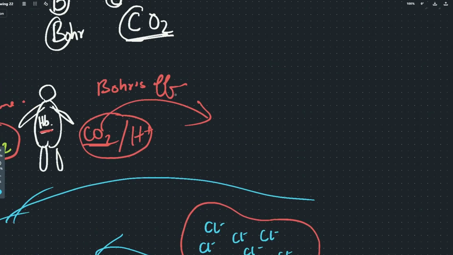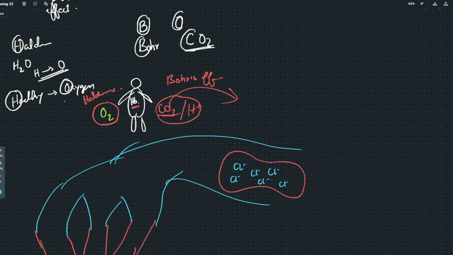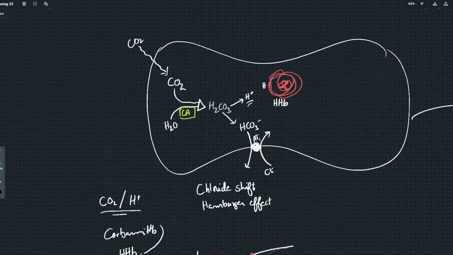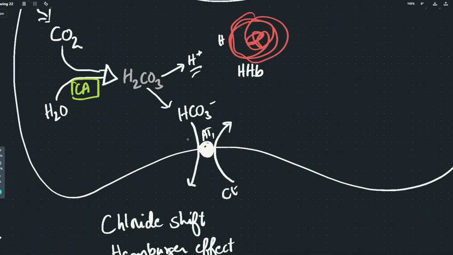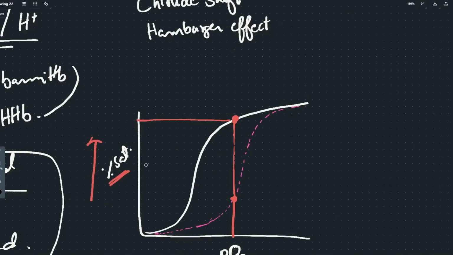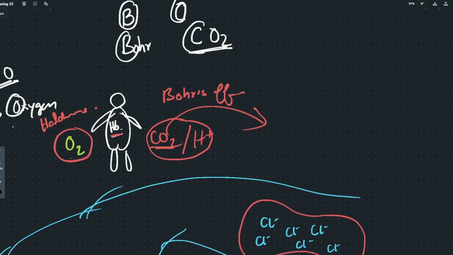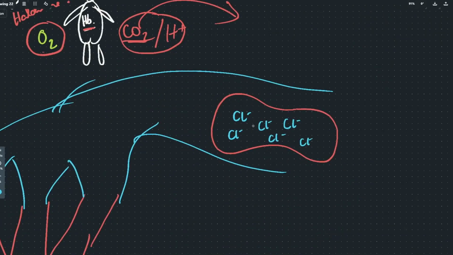The reason we have already discussed: here at the venous side the red blood cell has to bind more CO2, and if it has to bind more CO2, this HCO3 will come out of the cell and chloride ion will come in, and as the chloride ion comes in, the volume increases slightly because water jumps in with the chloride ion, right?